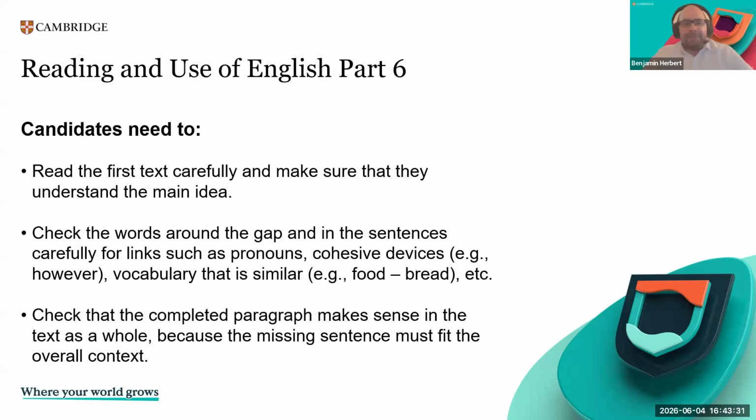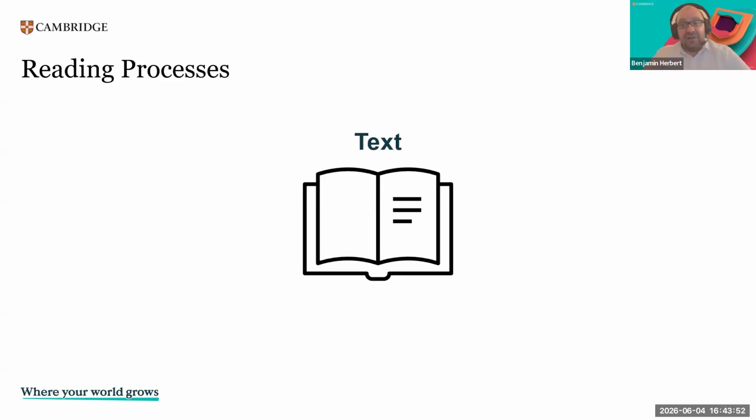So I think when our learners approach this task in the exam, there are basically 2 broad strategies that they can use. And these broad strategies relate to the 2 different reading processes, which we should know as teachers. The first one is what's called bottom-up processing.